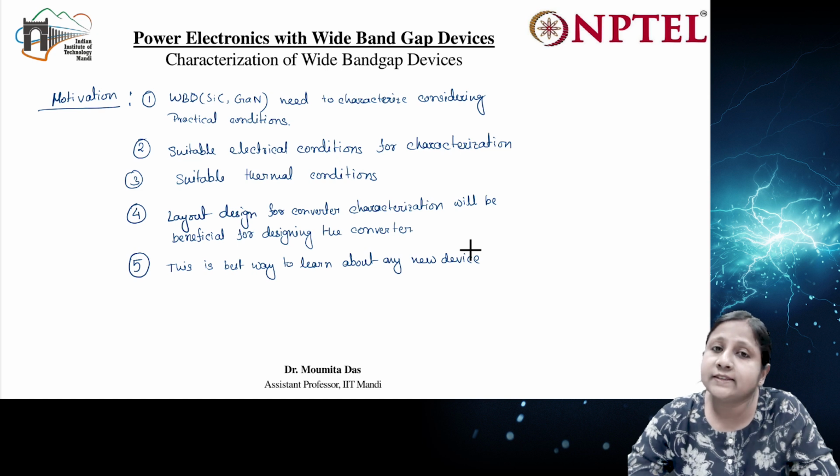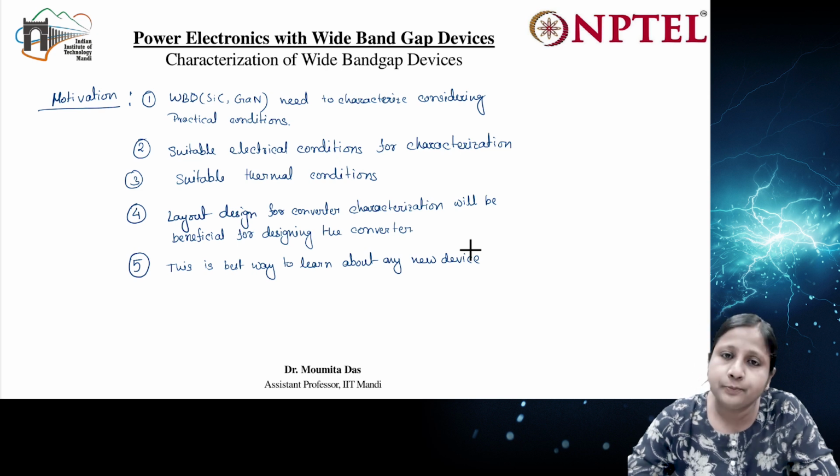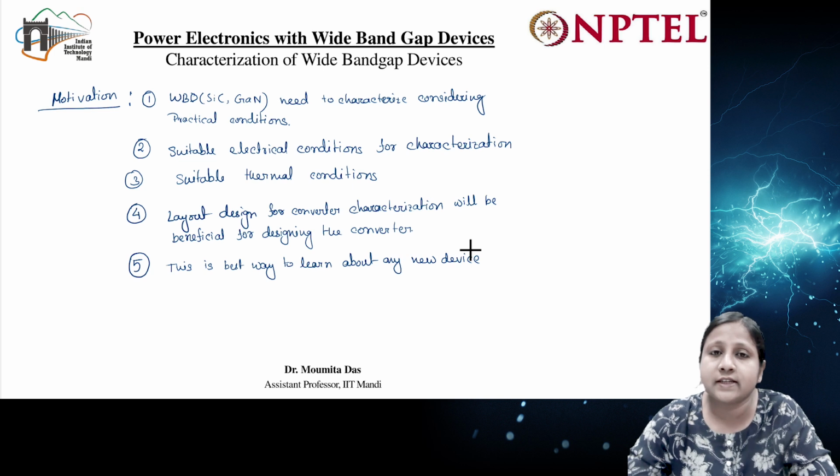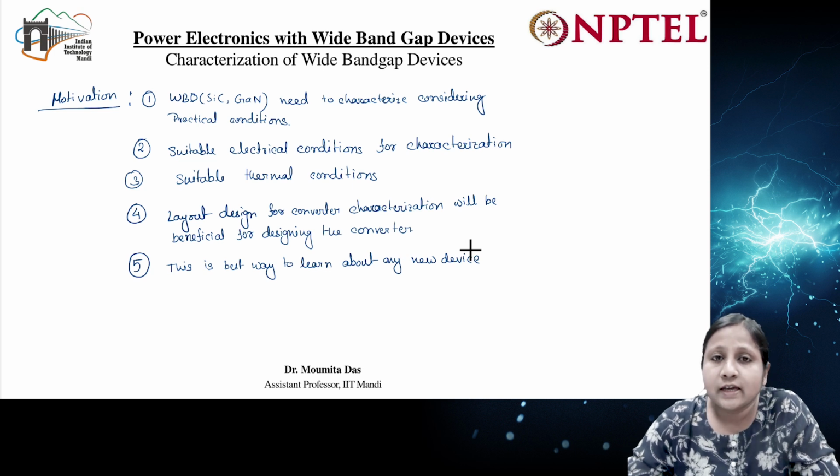Whatever existing methods are available for silicon devices to get the characteristics, that may not be suitable directly for wide bandgap devices. The reason is that the device packaging is much different than that of the silicon device. As you have seen in the previous lecture, the GaN packaging is much different from that of the silicon carbide or the silicon devices.